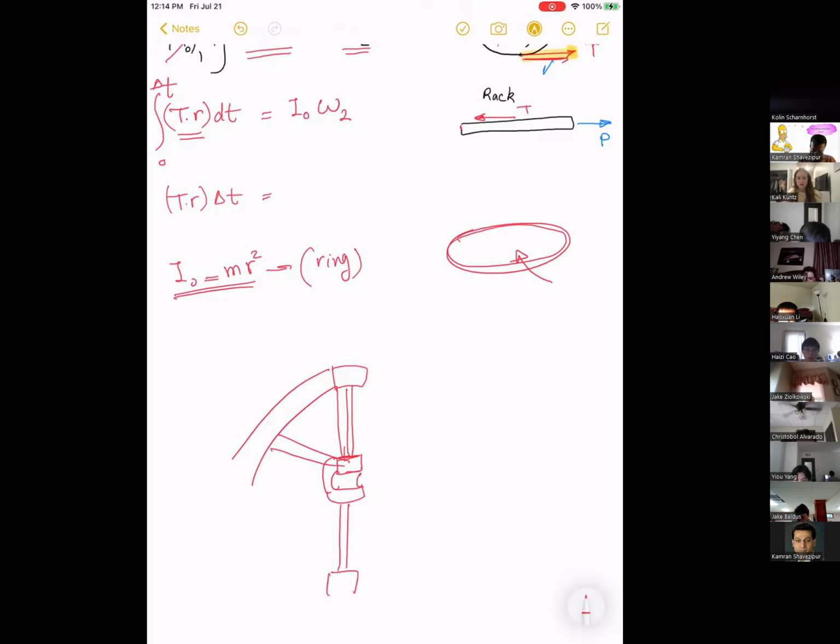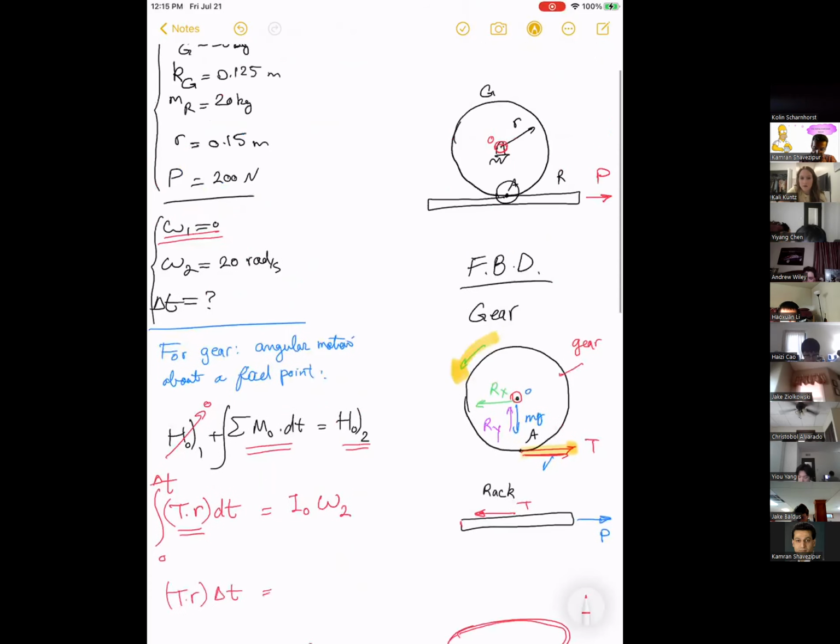This is the other part. And on top of this, you have the teeth. So definitely this is not a disc, not a ring. It's a complicated shape, and that is why the radius of gyration is given.